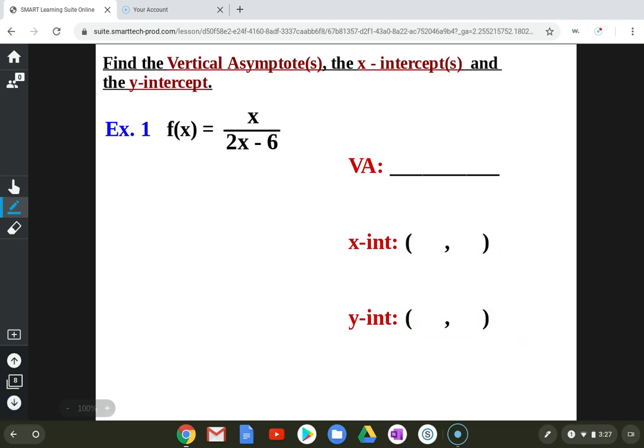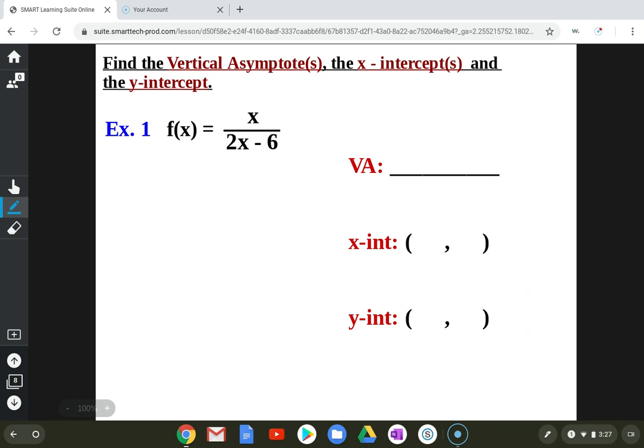Okay, so let's learn how to find vertical asymptotes, x-intercepts and y-intercepts. We should also do horizontal, but we're going to focus on those a lot tomorrow. So today we'll do a little bit, but mostly vertical. Vertical asymptotes are any x values that cause you to divide by 0 in the denominator only.